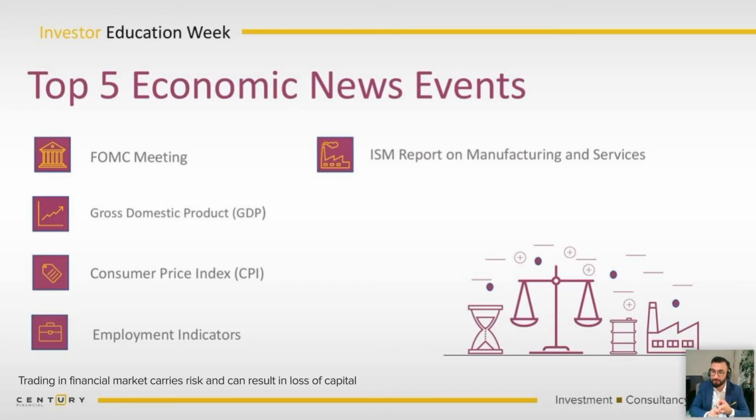I need to look at the labor market and take the right decision, because if people do not have jobs, increasing the interest rates for lending is only going to create chaos. That's why the Federal Reserve watches employment indicators closely, and if you have positions in dollar, gold or stocks, they get impacted by these indicators.